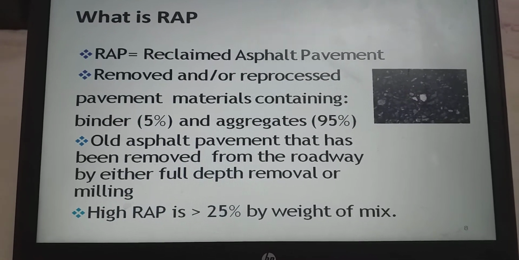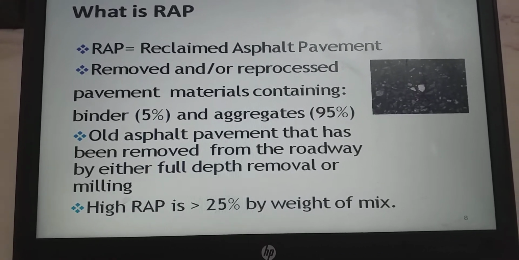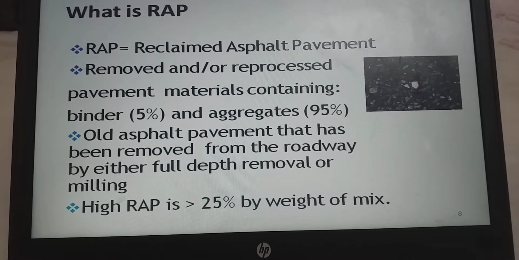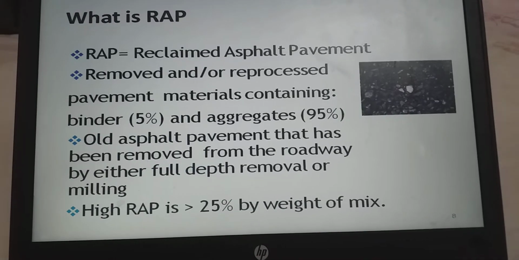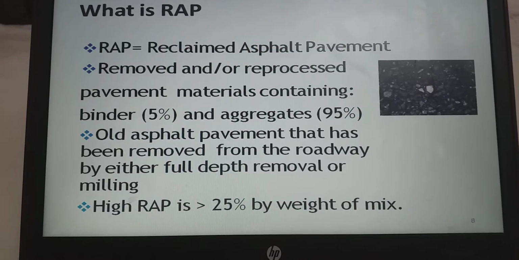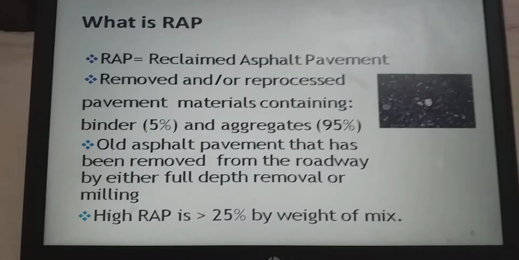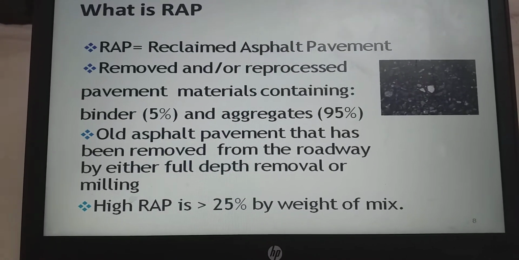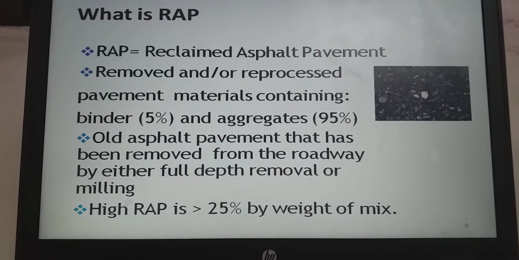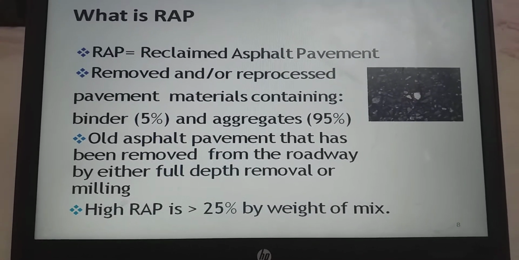Then what is RAP? RAP is the reclaimed asphalt pavement. Here we are reclaiming the earlier pavement and preparing a new asphalt pavement. Generally, while preparing the new asphalt pavement, aggregate and binder material are the two main components. Generally the binder material we use is bitumen, and aggregates are there.